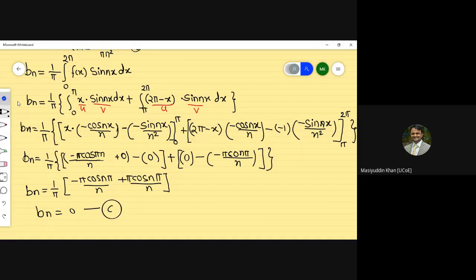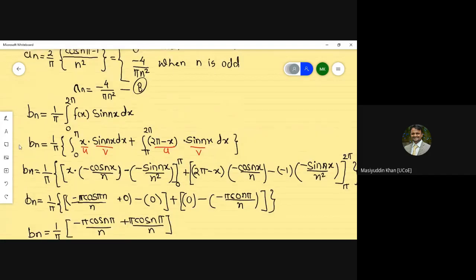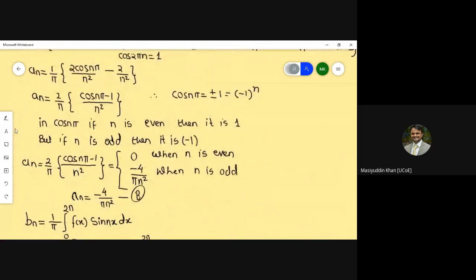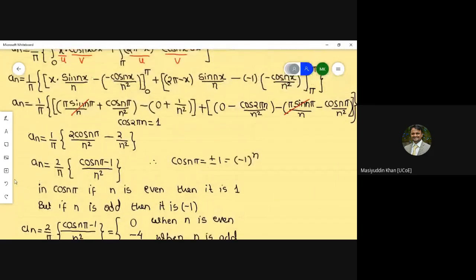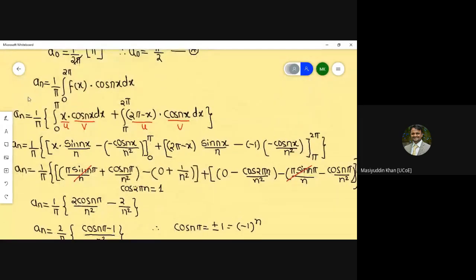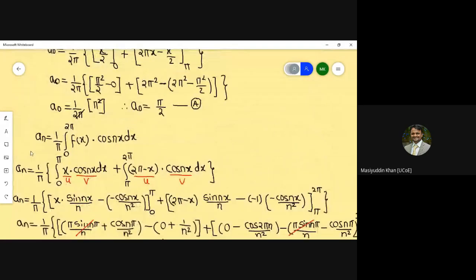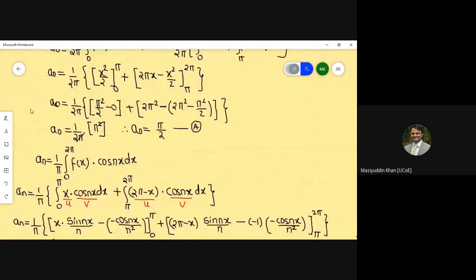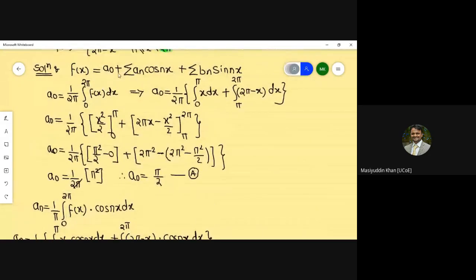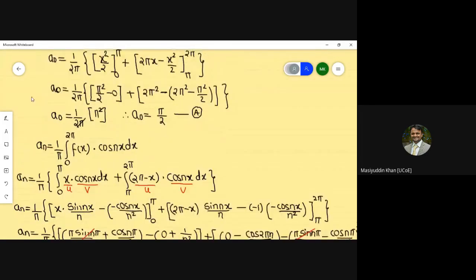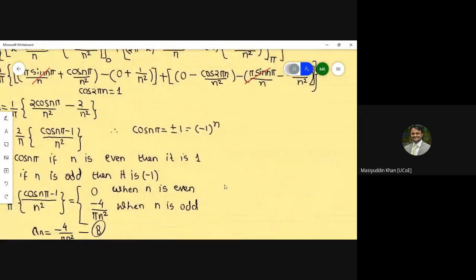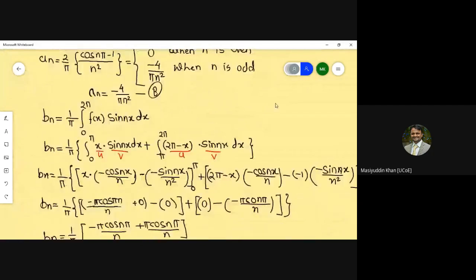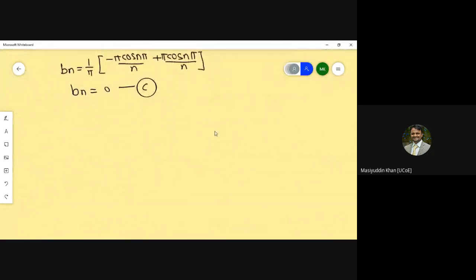At last, what do we have to apply? We have to put equations A, B, and C in the Fourier equation. What is our Fourier series equation? All of you must remember this equation, that is f of x equal to a0 plus summation of an cos nx plus bn sin nx. तो इसमें हम लोग सब्स्टिट्यूट करेंगे तो हमको इक्वेशन मिलेगा.